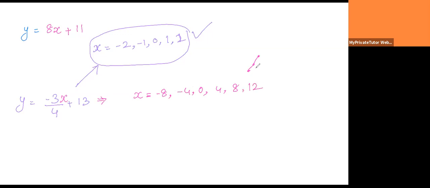But what I mean is, when you see a denominator in a fraction, please pick the denominator and take multiples of that value as X values, because that makes our life easier. If you put minus 3 times minus 8 divided by 4, it's very easy to divide, because multiples of 4 are easily divisible by 4. That's why choose X values as multiples. Do you guys understand?